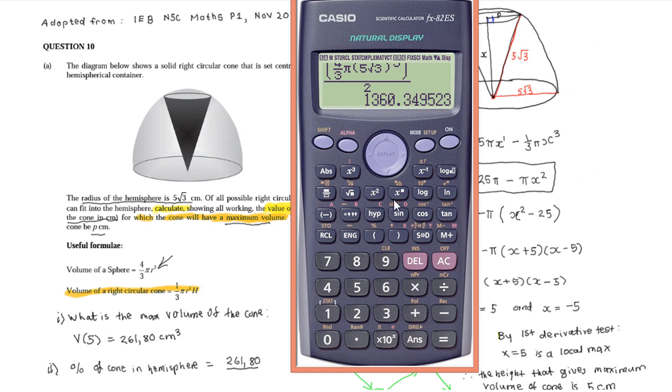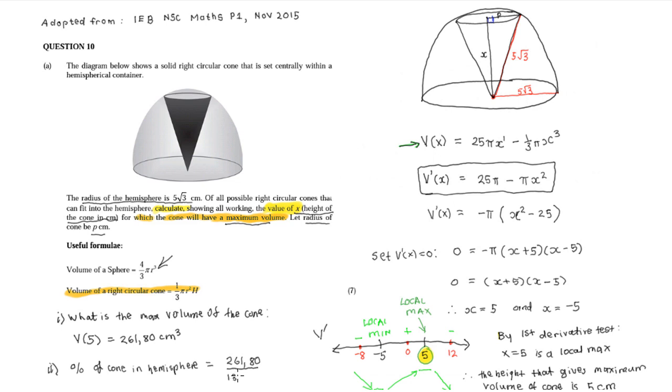We get that the volume of this hemisphere is actually 1360.50 centimeters cubed.